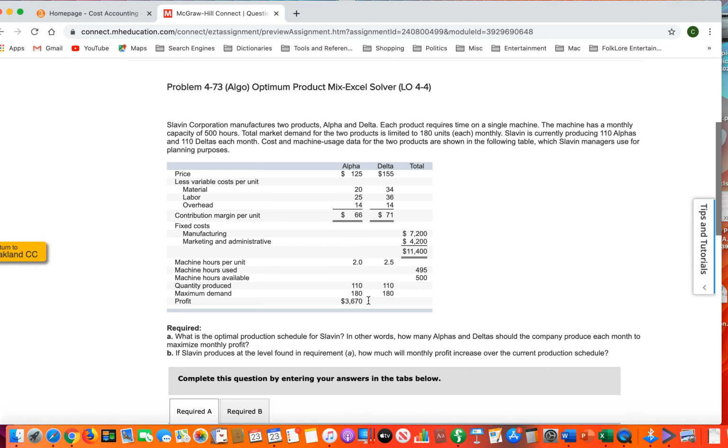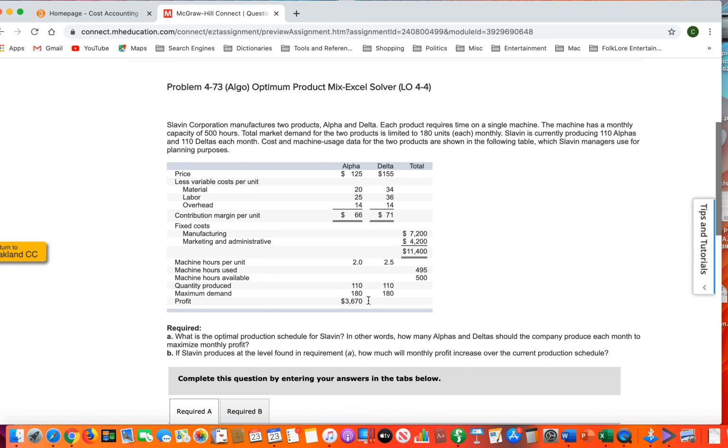And then that would take how many machine hours? It takes 360 machine hours. 180 times 2, it'd be 360 machine hours, leaving 140 machine hours left for Delta.